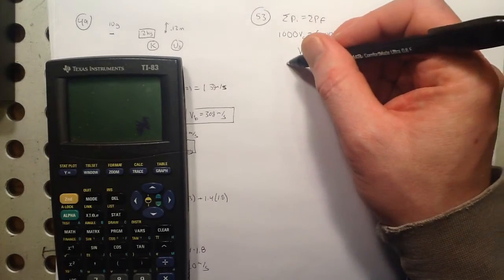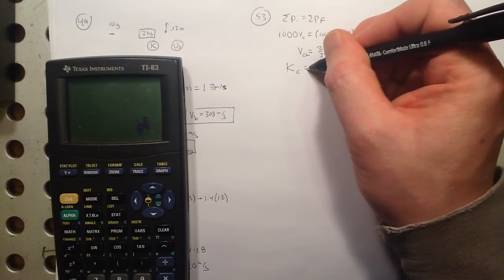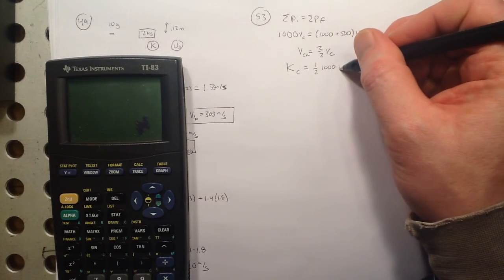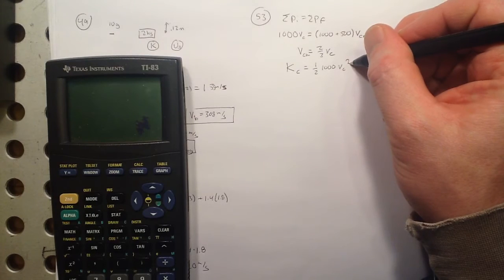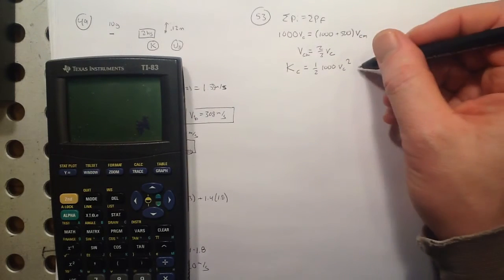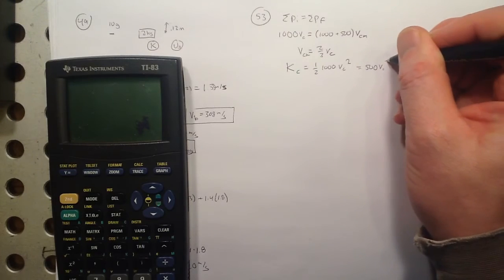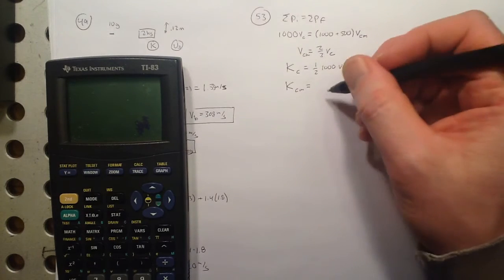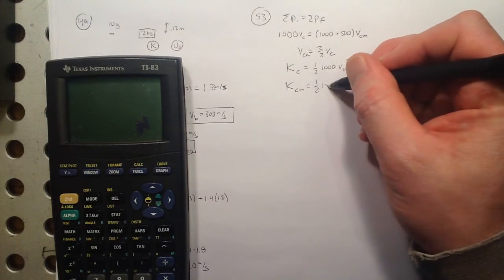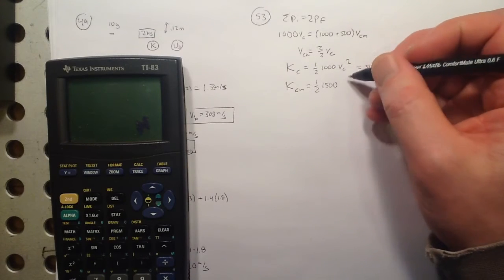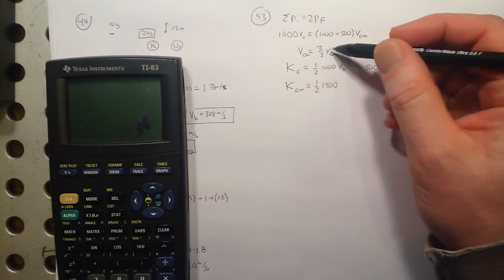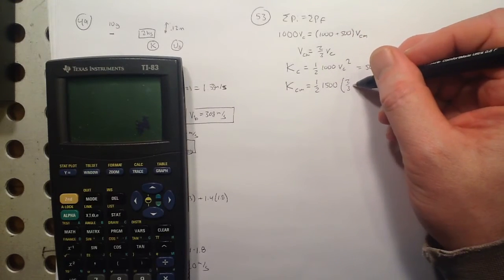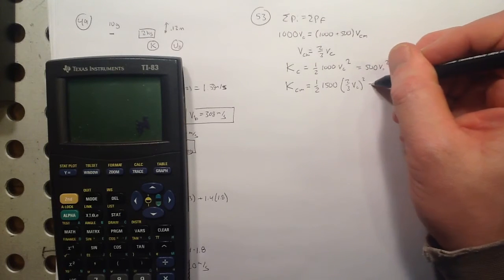Kinetic energy of the car beforehand would be 1/2 m v squared, which is 500 Vc squared, and the kinetic energy after of the car moose is 1/2 of 1500 times the velocity of the car moose squared. Instead of plugging in that, I'm going to substitute 2/3 Vc.